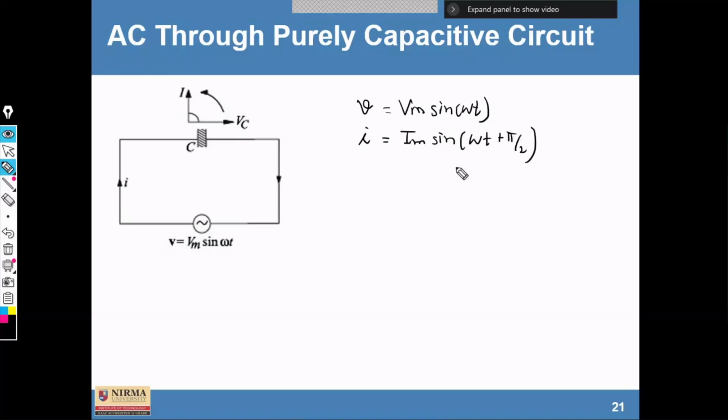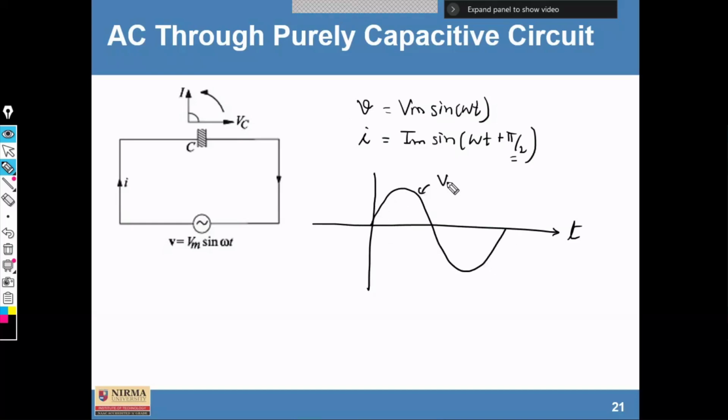In the case of a capacitive circuit, the current leads the applied voltage by 90 degrees. We can represent these vectors with respect to time t. We consider the voltage as the reference waveform and draw it like this: Vm sine omega t.